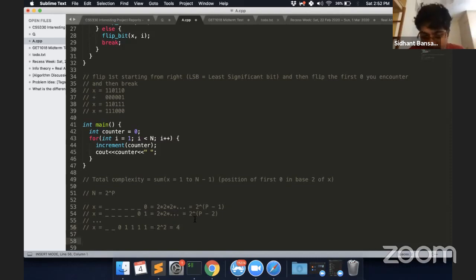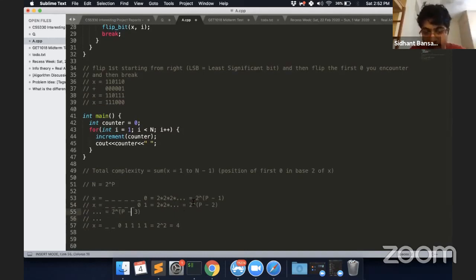The next one will be 2 to the p minus 3, and then so on. If we try to count the sum of all these things, we'll get the same value that we get from this expression. Is this step clear? This is the slightly tricky step, that this expression is equivalent to summing up all these values.